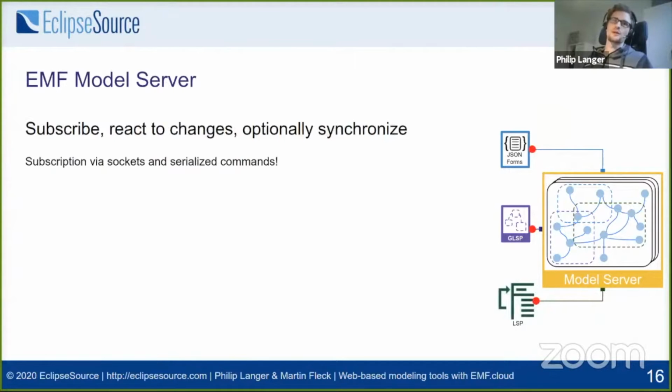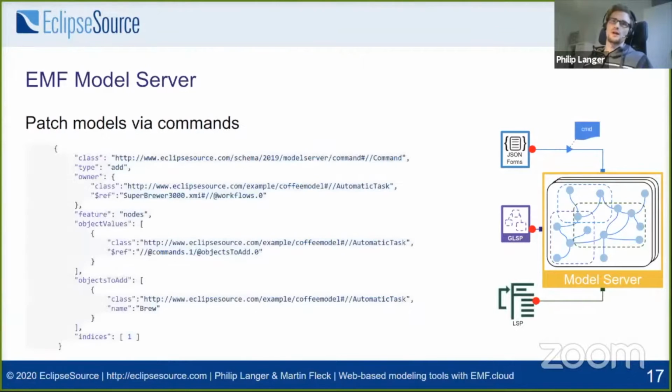Now you can subscribe via socket to changes, and also patch models using this model server. So for instance, this editor can send commands with a very simple JSON format to this server, where you can specify, for instance, that here we have a command with the type add, and we add a new object value here at the index 1.